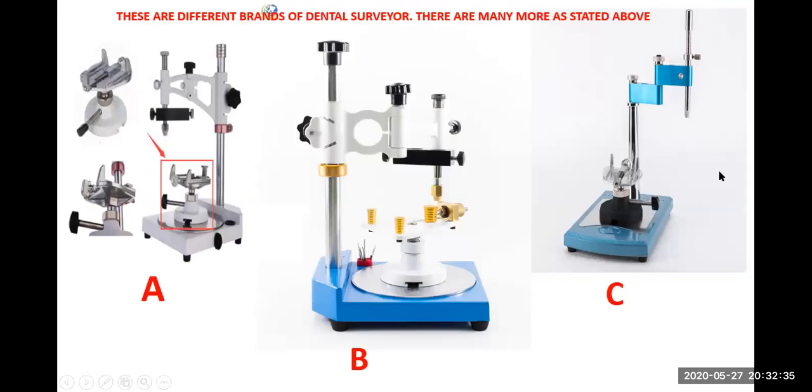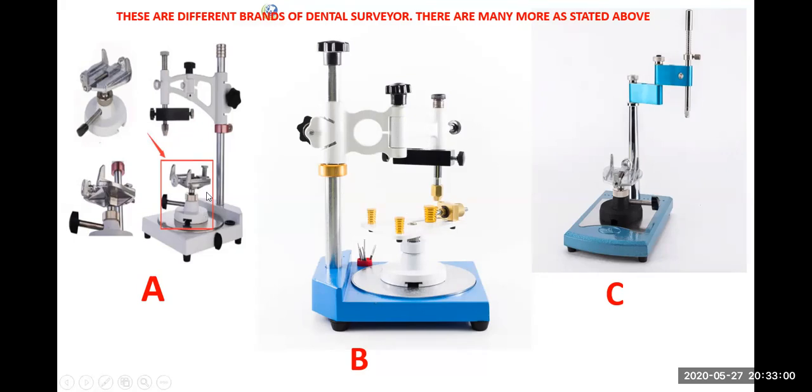Now, here you see different types of surveyor. If you follow my pointer, in the school, this is the type of surveyor we have. It's different from the one in the middle. The one in the middle is also a type of surveyor. There's another one here.